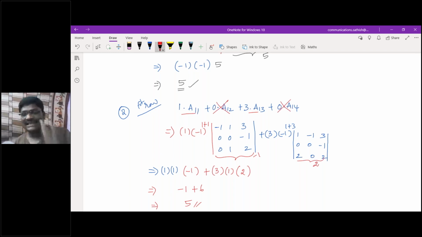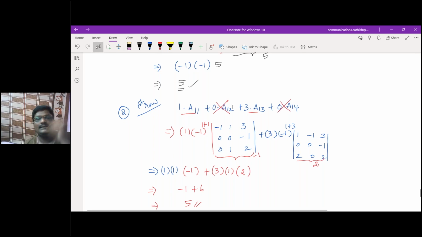Till now there is no question like that. But if they provide it, obviously you have to do these 4 things, the same analysis. Understood?